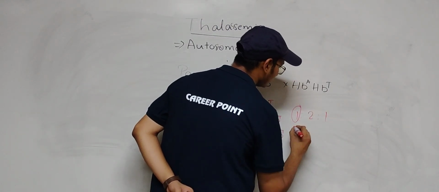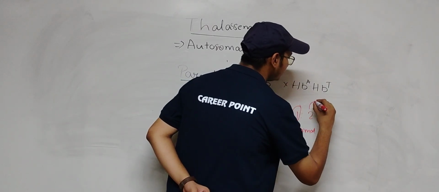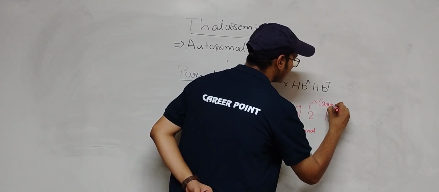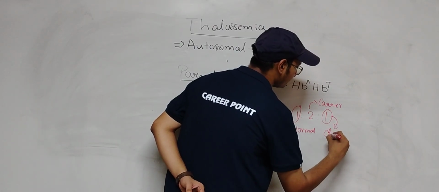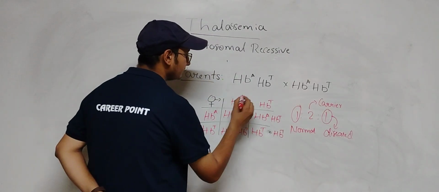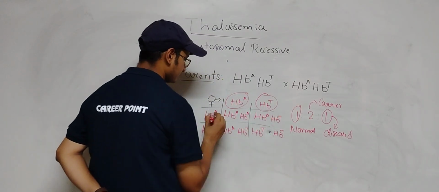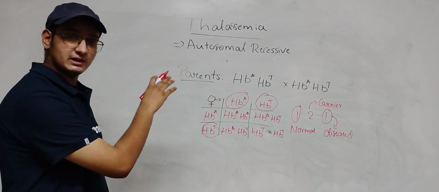The 1 is normal, the 2 are carriers, and this 1 is diseased. So the disease can occur only when both parents are carriers. The same thing happens in sickle cell anemia.